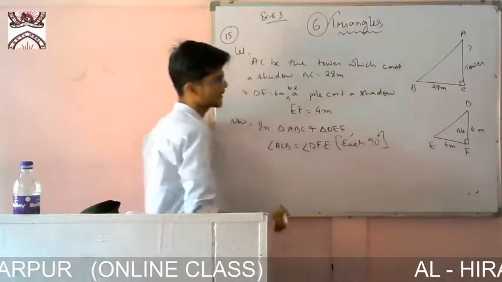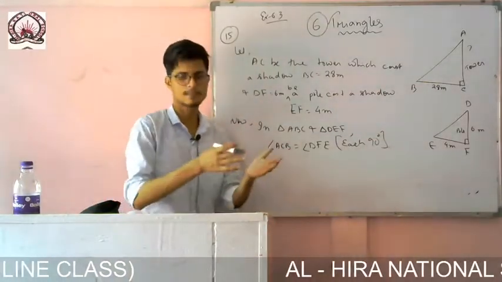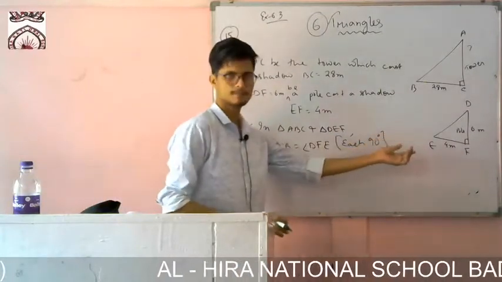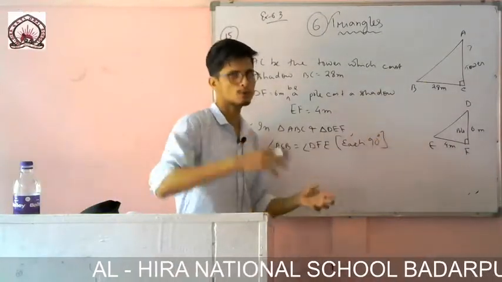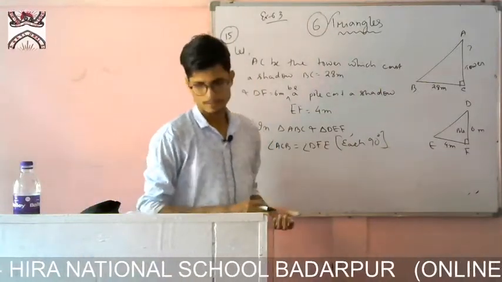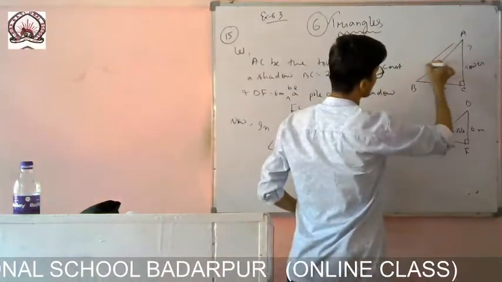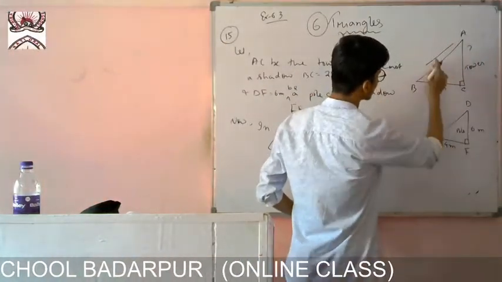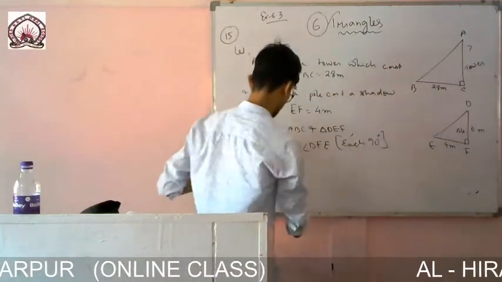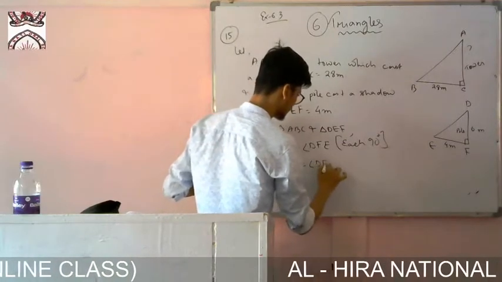And one thing more: at the same time the sun's rays have the same inclination, so the angle produced by the sun will also be the same. So I can say that angle ABC equals angle DEF.